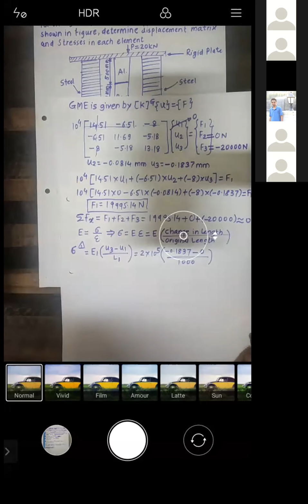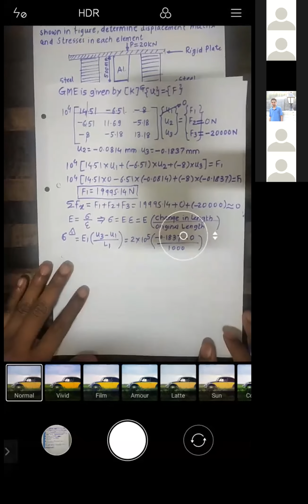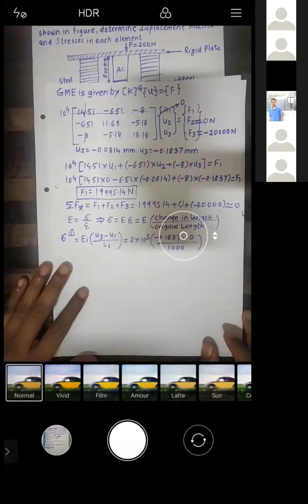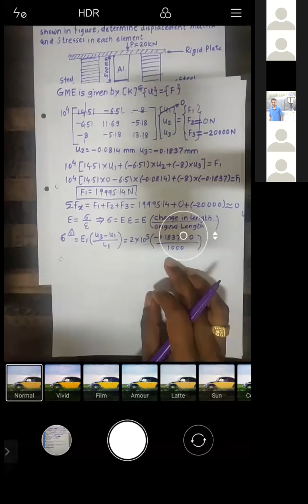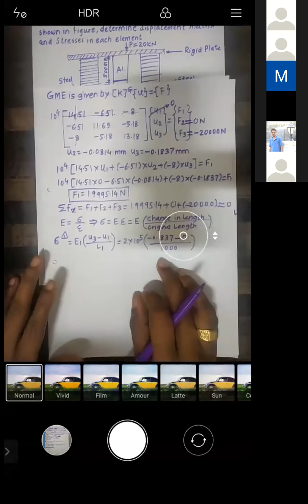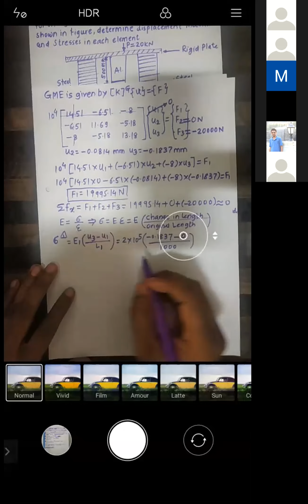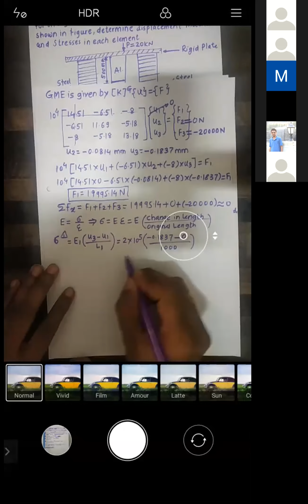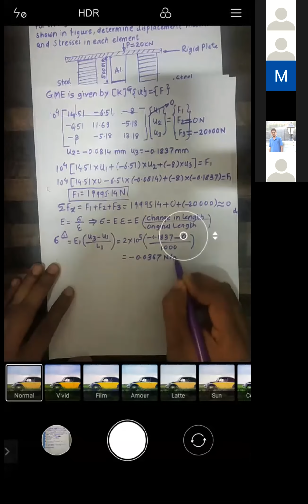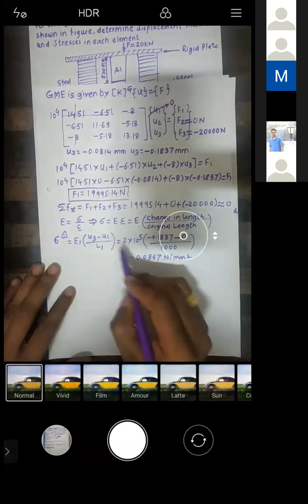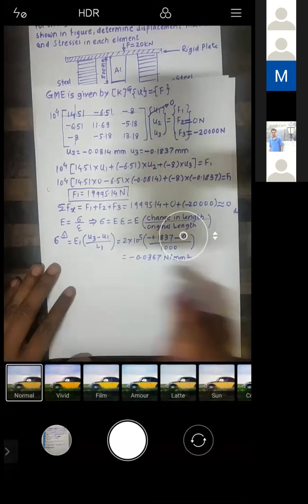Let me know the answer you're getting. Minus 0.0367, and the unit will be Newton per mm square, same as the unit of E.